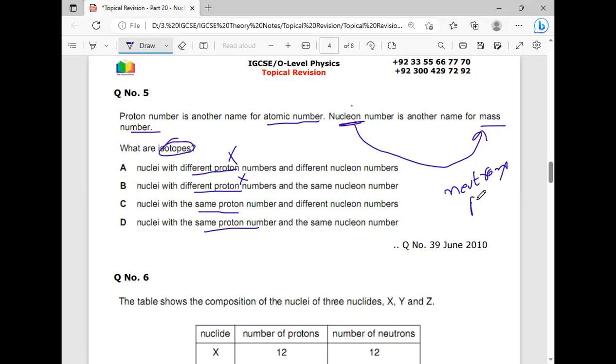And obviously protons plus neutrons combined are called nucleons. So nuclei with the same number of protons cannot have the same number of nucleons. So that will be wrong. So different nucleon number, option C is the correct answer.